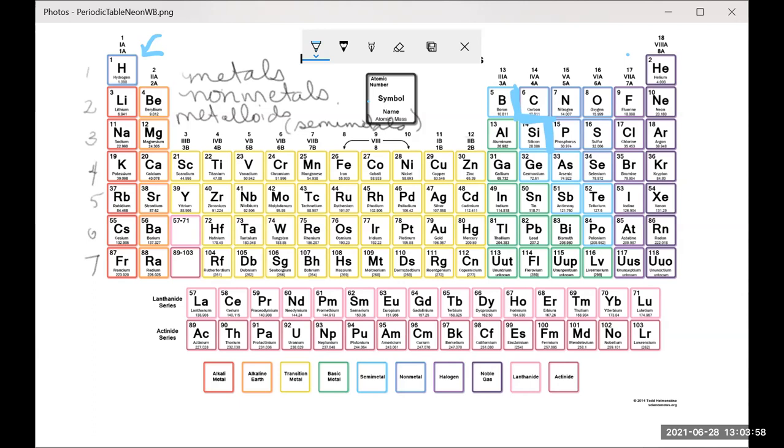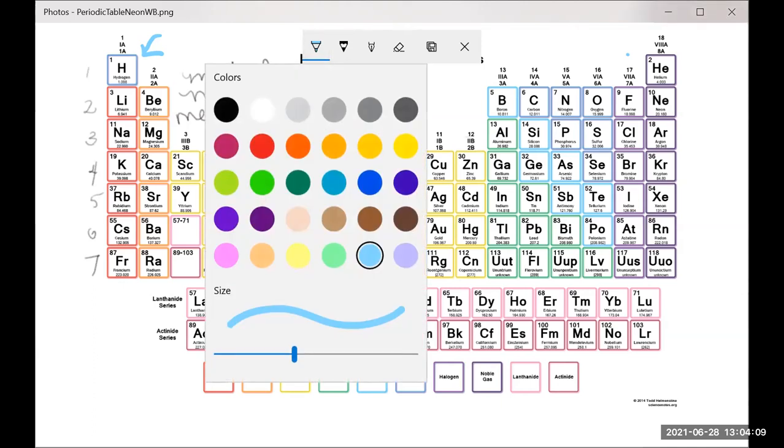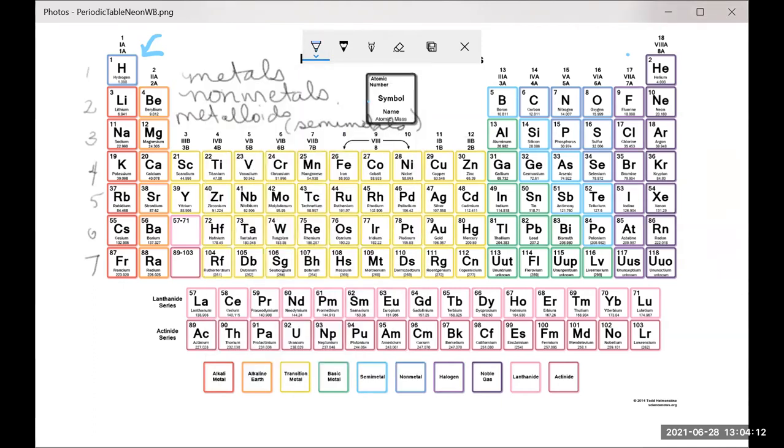Let me just change the color and erase this. So you have basically the staircase right there. When we look at it, what we're seeing is that our metalloids touch the staircase. So everything to the left of that purple staircase is going to be metals.